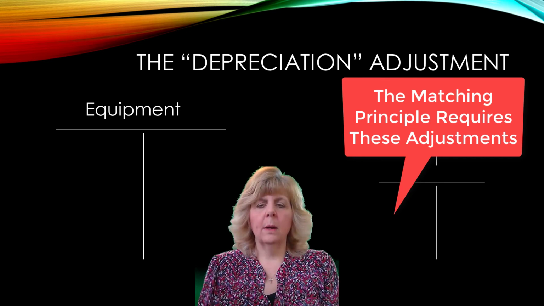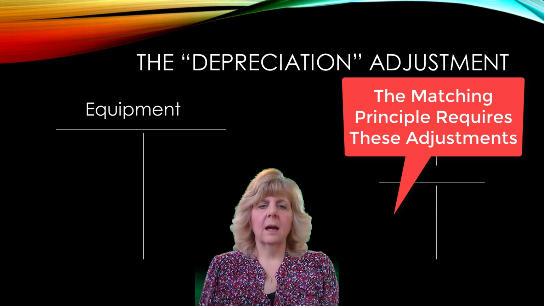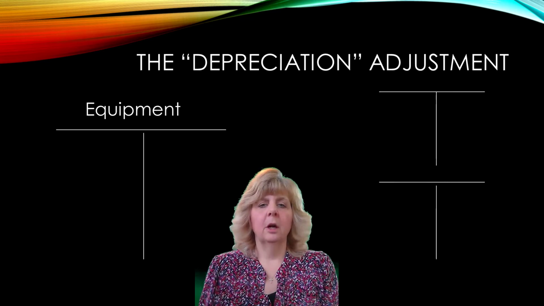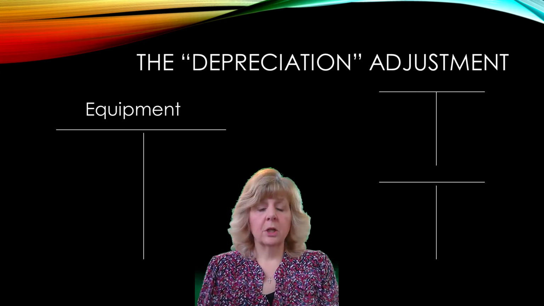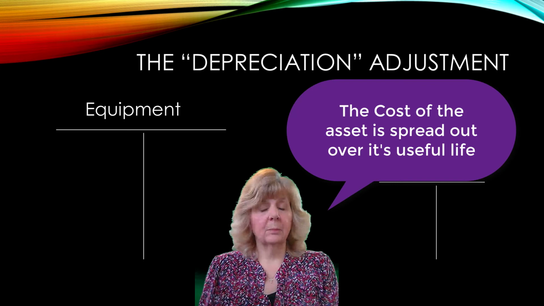When we buy equipment or a building or another depreciable fixed asset, we expect that that asset is going to benefit the company for years to come. Accordingly, the depreciation adjustment takes the cost of that asset and splits it over its useful life.